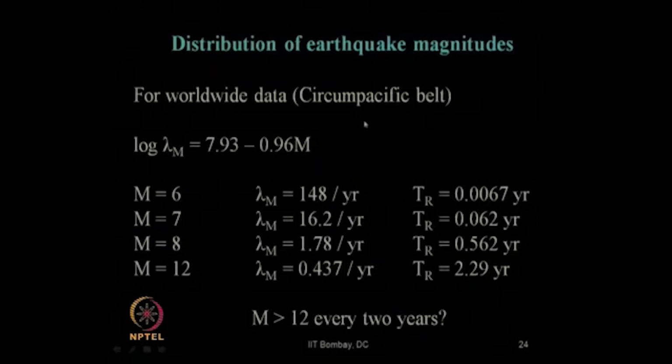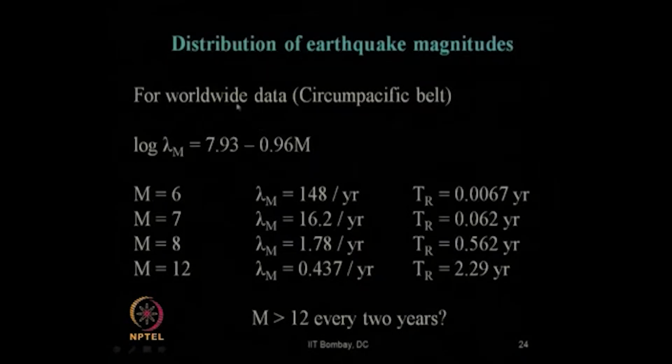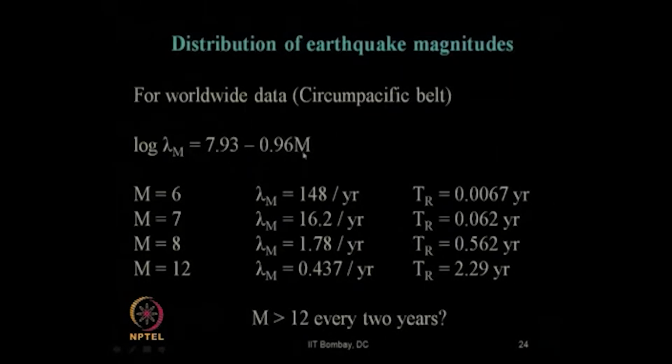Now, using that concept, let us take one example problem. Suppose for the worldwide seismic data, based on that, taking care of the circum-Pacific belt region of earthquakes, previous researchers had proposed the Gutenberg-Richter relation with the values of a and b like this, that is log of lambda m equals 7.93 minus 0.96 m.